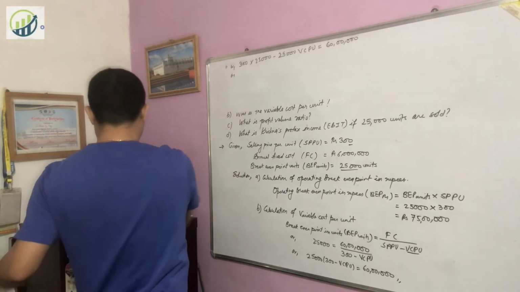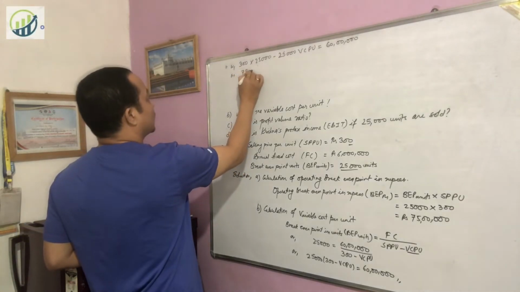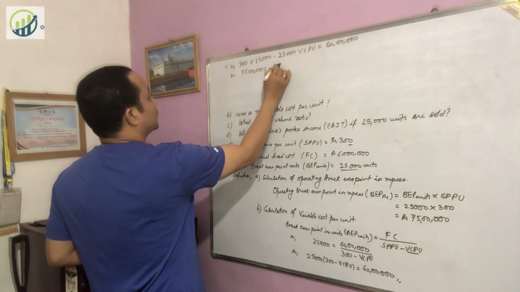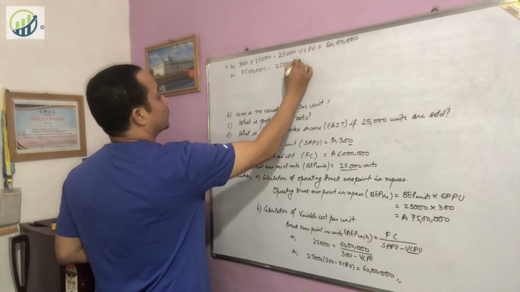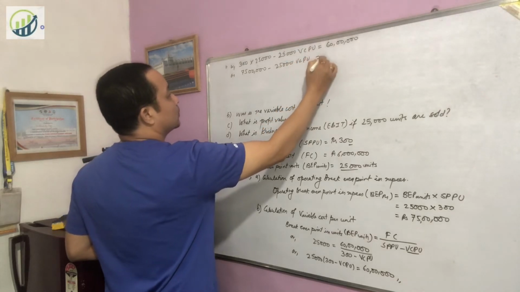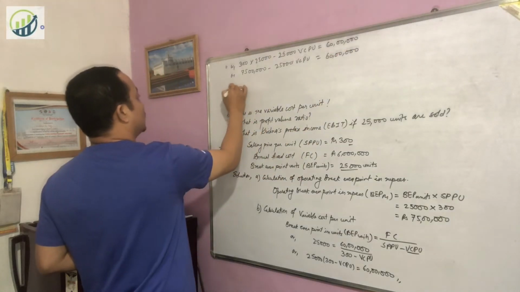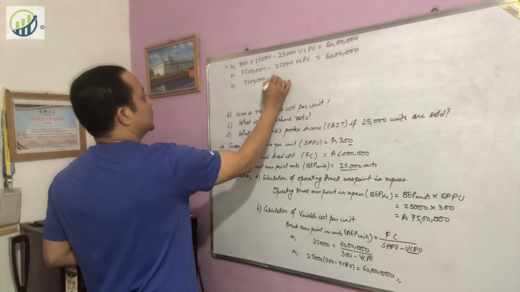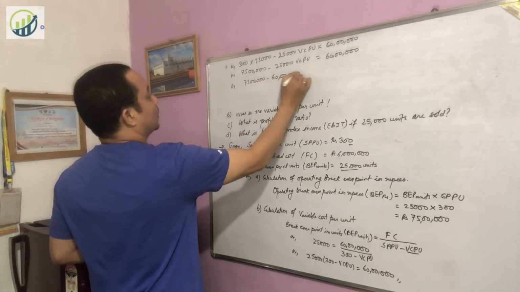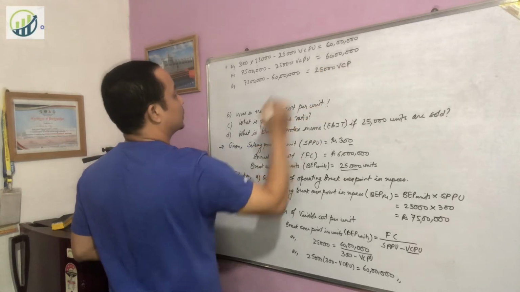This is your 75 lakh. 75 lakh minus 25,000 variable cost per unit equal to 60 lakh. So 75 lakh minus 60 lakh equal to 25,000 variable cost per unit.